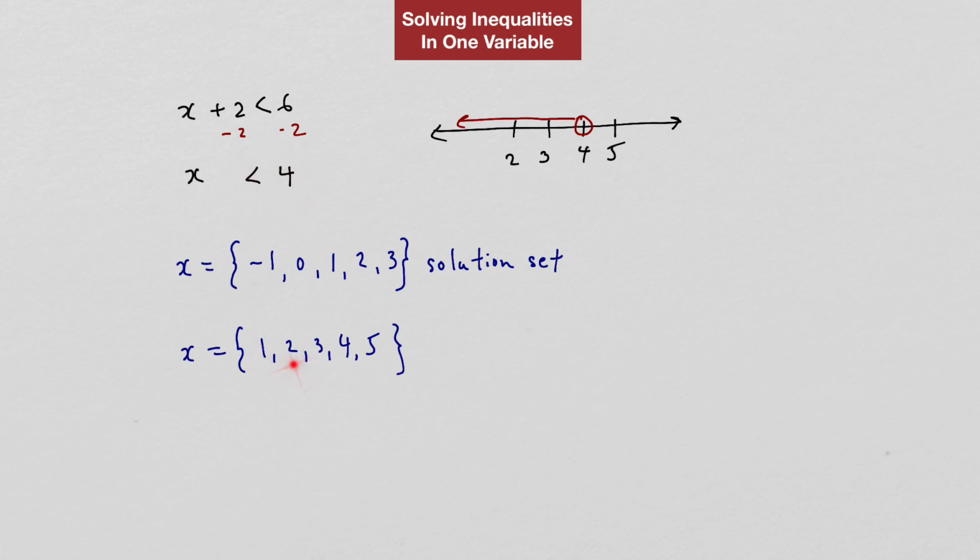Is 2 less than 4? It is. Is 3 less than 4? Yes. Is 4 less than 4? No. And is 5 less than 4? No. So this is not a valid solution set.